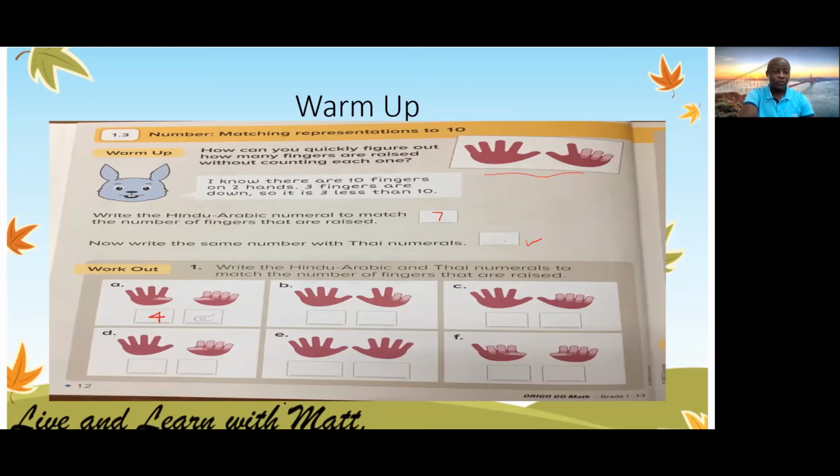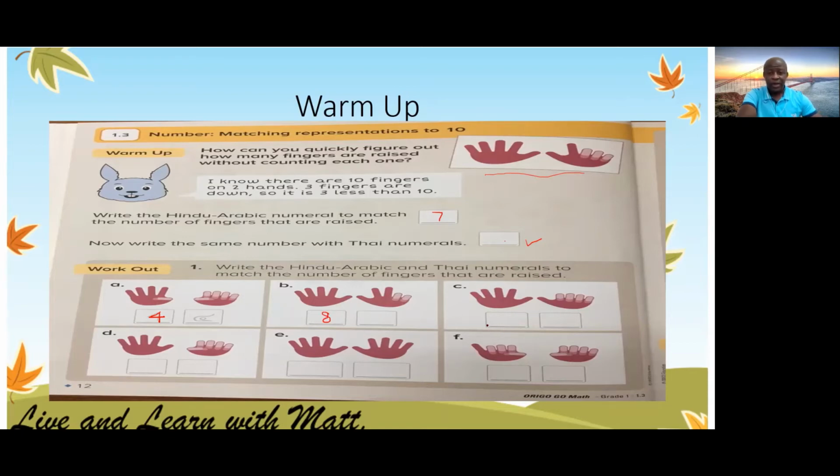That's 4. Please write it in your student journal. Part B, how many fingers are raised? That's 8, that's correct. So we write 8 here. And write the Thai numeral here.